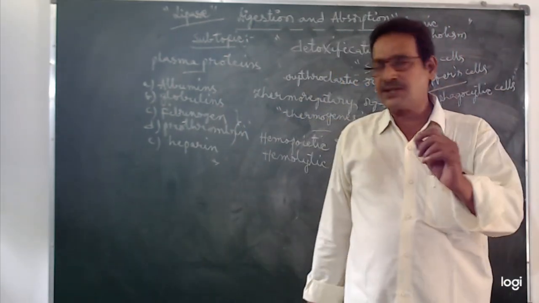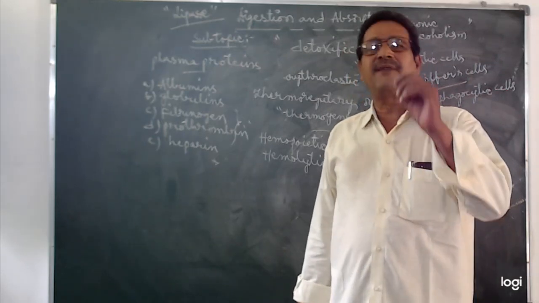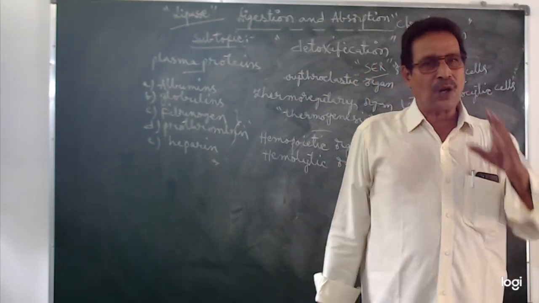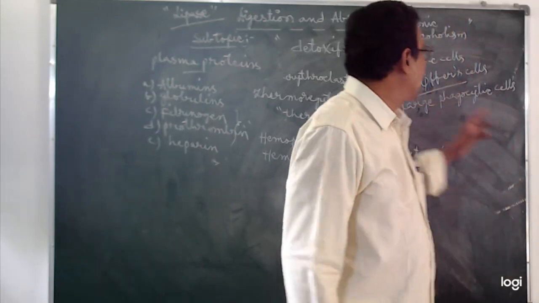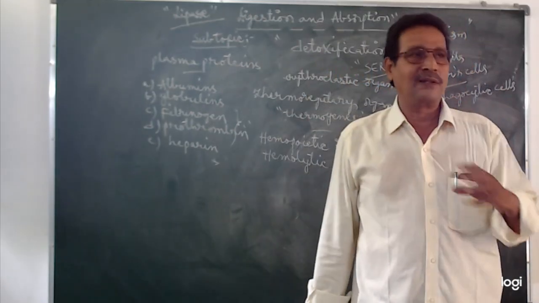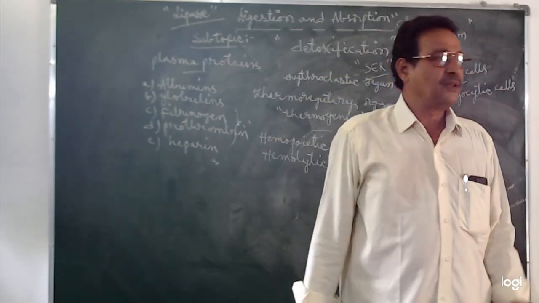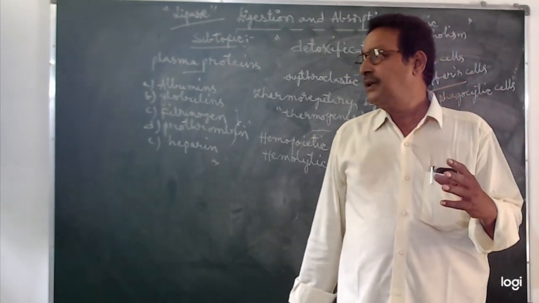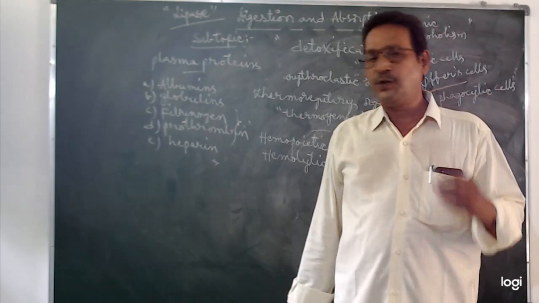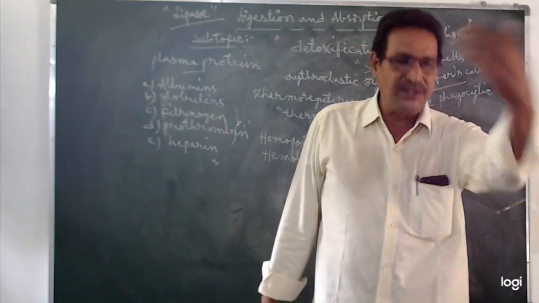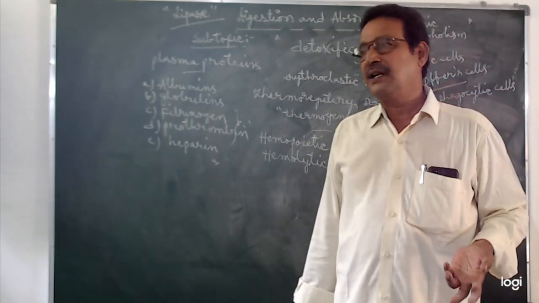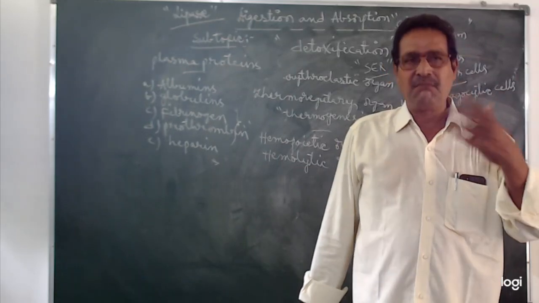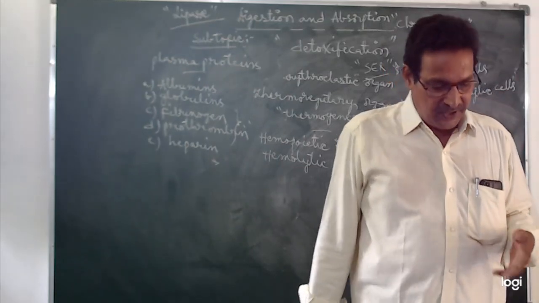Liver is the first and most important affected organ in chronic alcoholism or cirrhosis of liver. So it detoxifies alcohol to some extent before it enters into the blood circulation.